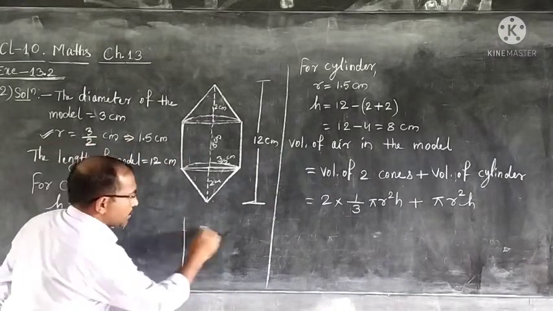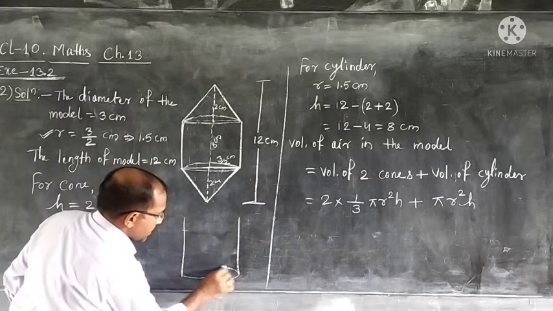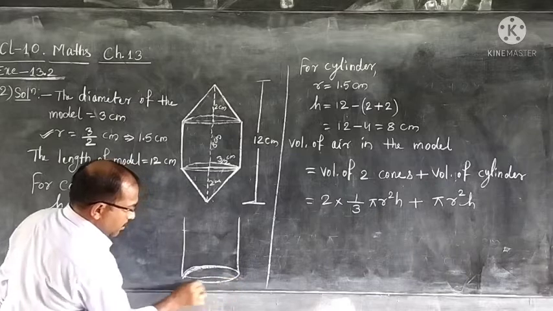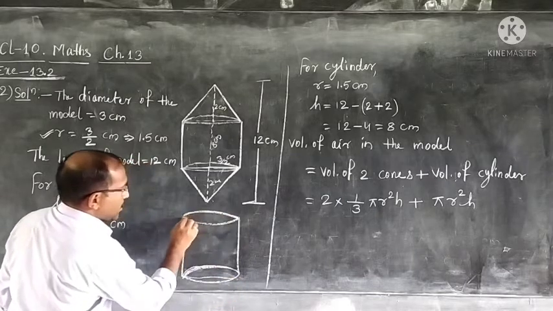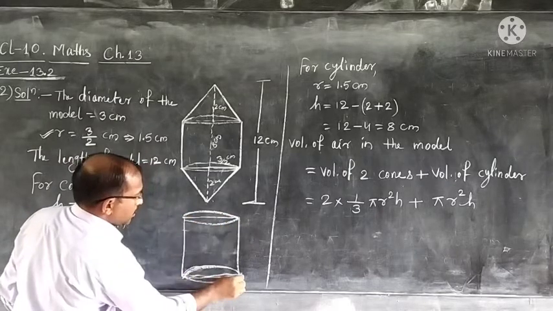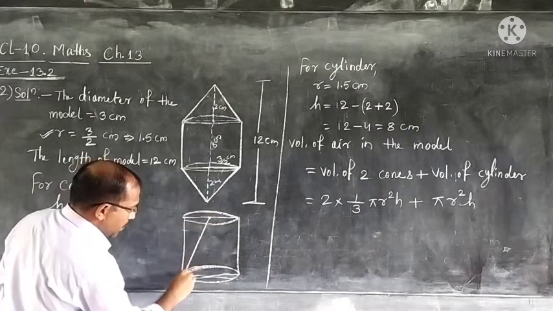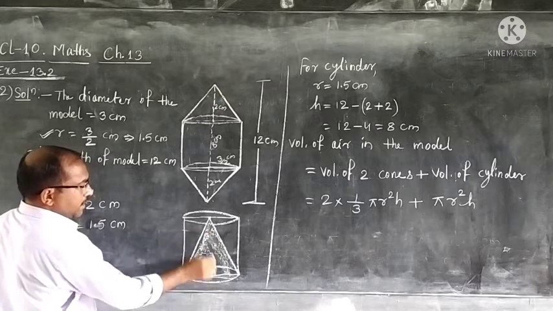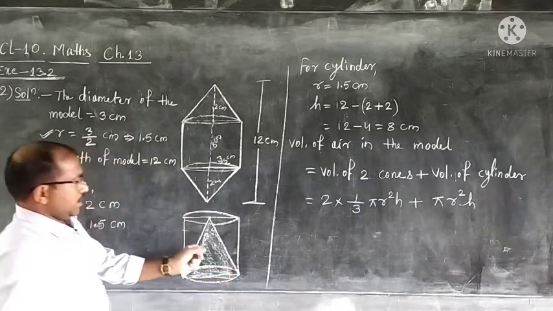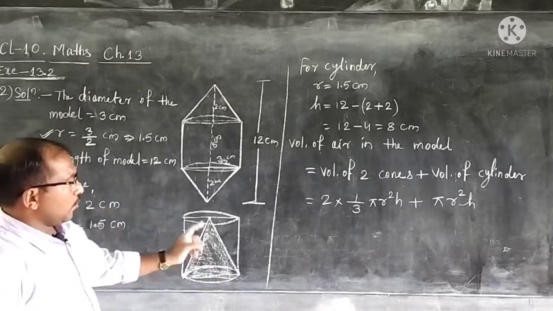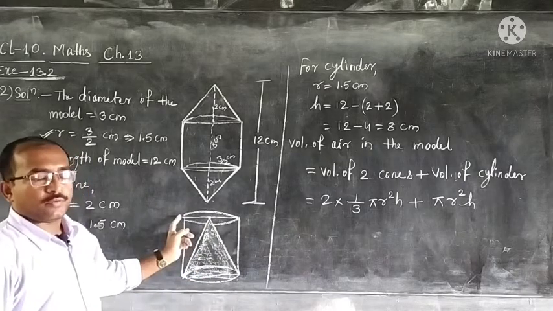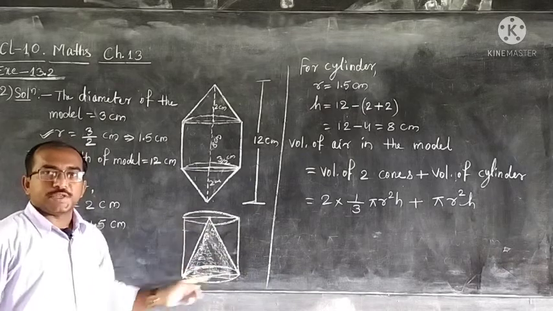Actually, I want to tell you little about this cone and cylinder. If this is a cylinder and from this cylinder we are cutting a cone, just you see from the center if we cut this shape, this is a cone, and that is the reason its volume will be 1/3 of the volume of cylinder.